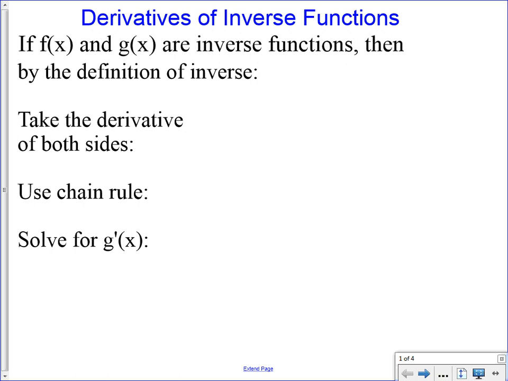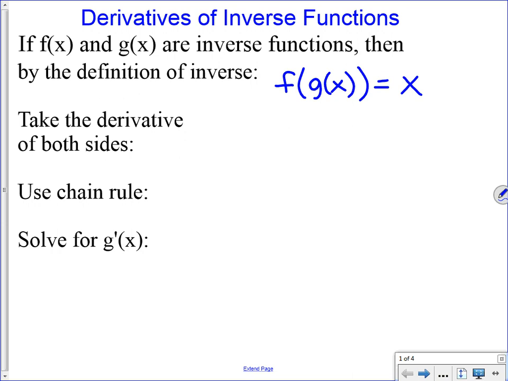So if f and g are inverse functions, then by the definition of inverse, we know that f of g of x is equal to x. And remember, that was a way that we could verify that two functions are inverses of each other. We would compose them and then simplify and make sure it simplifies to x. So this is the definition of inverse functions.